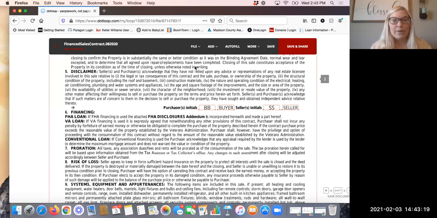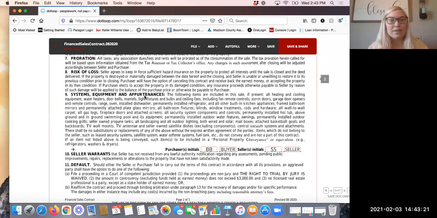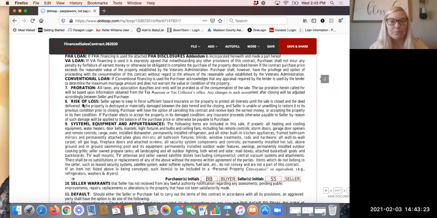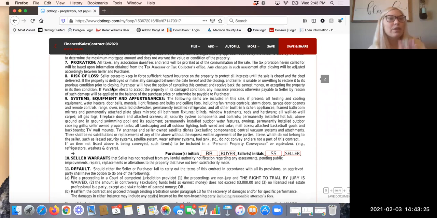All right, going down, we're going to jump down. This is paragraph 9 right here. Just circle it, read it, look at it, make sure that you understand it. Basically, it says if it's there and it's attached, it must stay, including all landscaping, mailboxes, TV wall mounts, the Bose surround system, any of that.